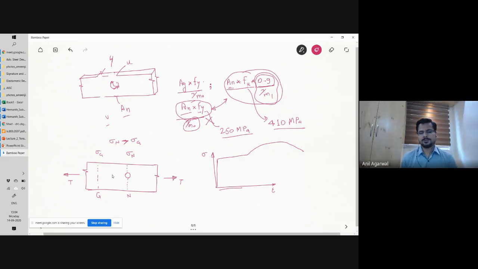Okay. So now there should be some yielding here. But if there is going to be any yielding, that will typically be distributed only in this width. So this much length of the member will be yielding.